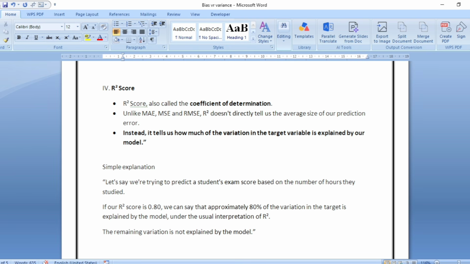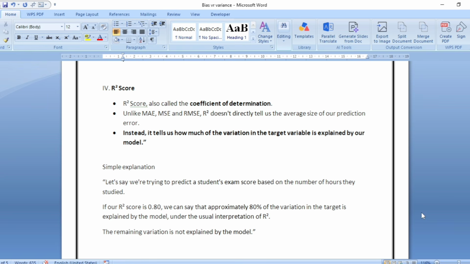Let's say we are trying to predict a student's exam score based on the number of hours they have studied. If our R2 score is 0.80, we can say that approximately 80% of the variation in the target is explained by our model under the usual interpretation of R2. The remaining variation, which is 20%, is not being explained by the model.